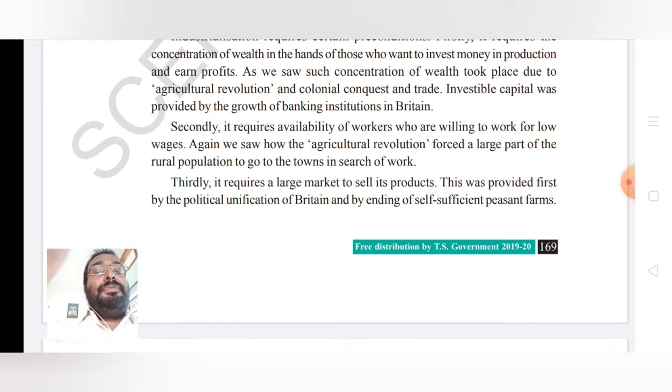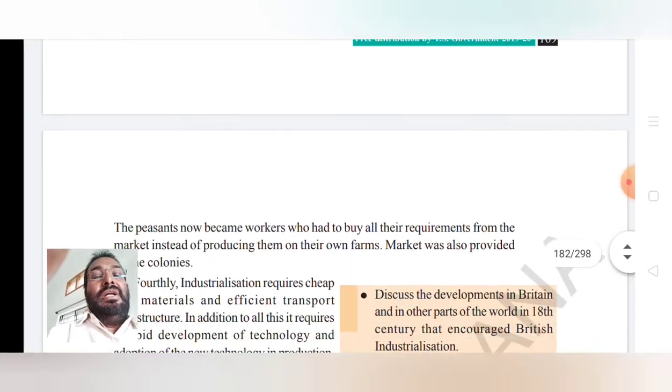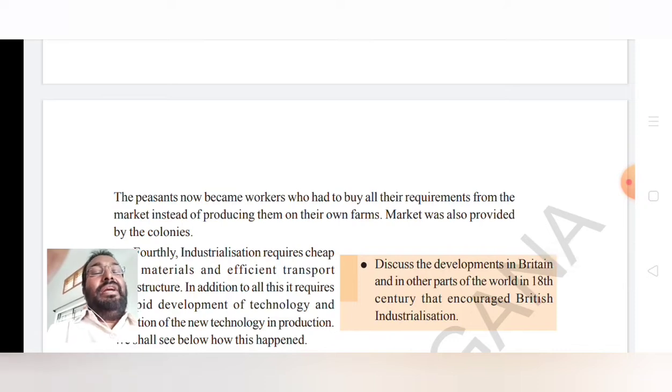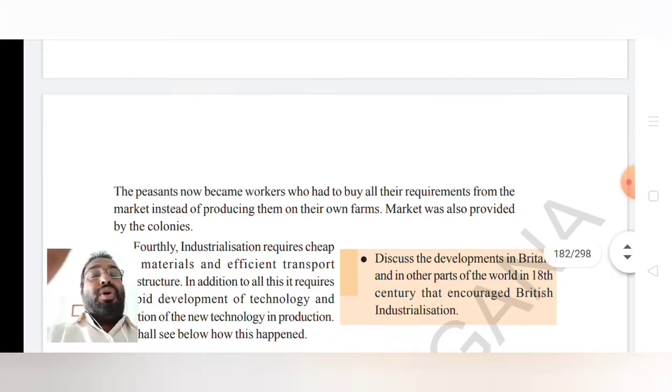This was provided first by political unification of Britain and by ending the self-sufficient peasant farms. Peasants now became workers who had to buy all their requirements from the market instead of producing them in their own farms. Market also was provided by the colonies.